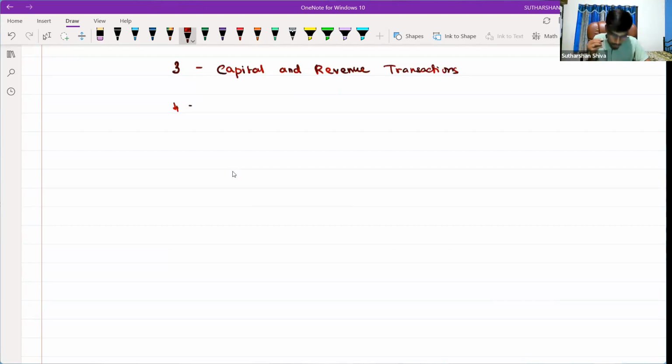And unit number 4 is a new topic which you will learn, based on contingent assets and contingent liabilities. Sorry, this is the 4th unit.